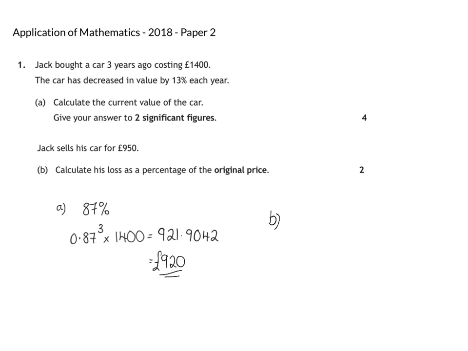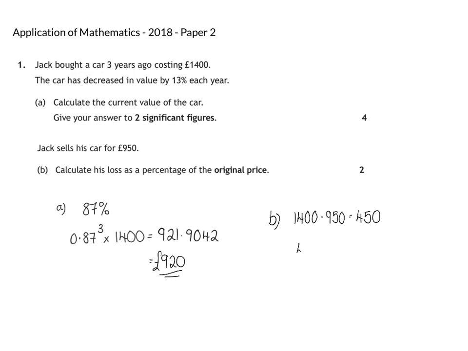Right, so Jack sold his car for £950 and he bought it for £1,400. So what we need to do is work out the difference, so how much he has lost since he bought it. So we're doing 1,400 take away the 950, which is 450.